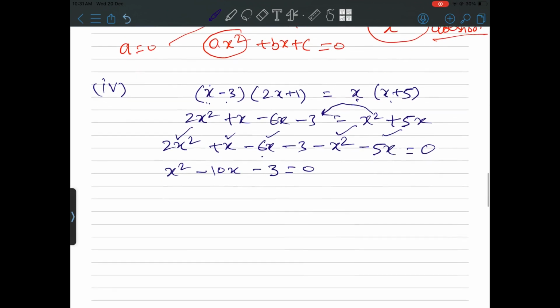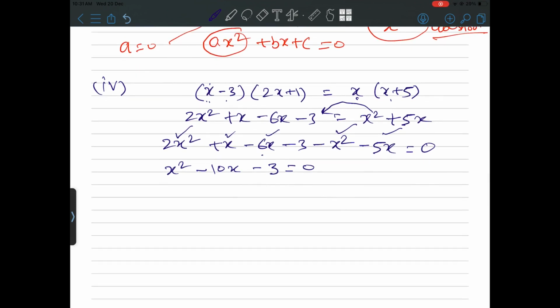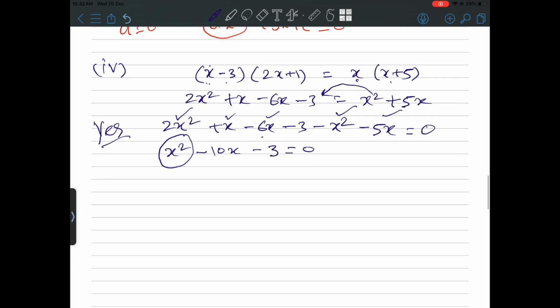So it is very clear, I think now you guys, that this is a quadratic equation because it has the x square term, which is also the maximum power, right? I mean there is no other term which has a power more than 2. That's why we can say that this equation is a quadratic equation.